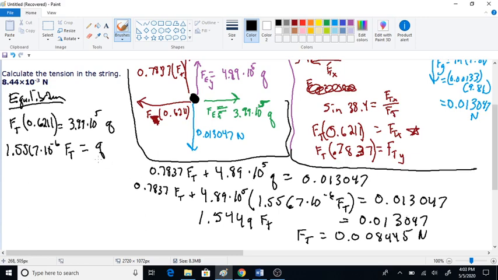So that's the tension force. And so if you look here, that's that answer right there. I got that right. And then we need Q, right? So now we got to back substitute into here.